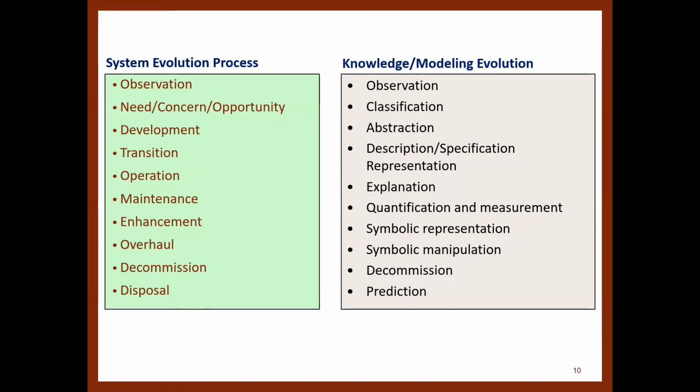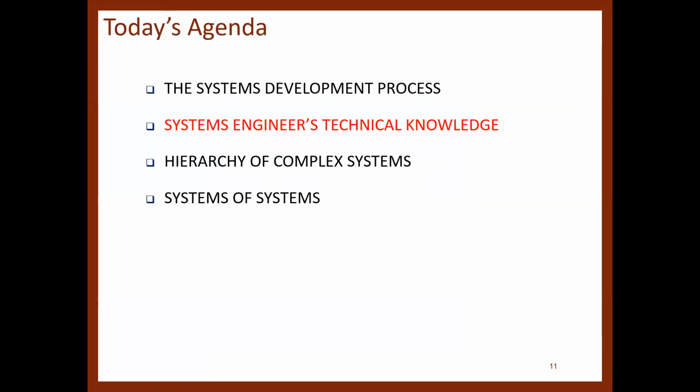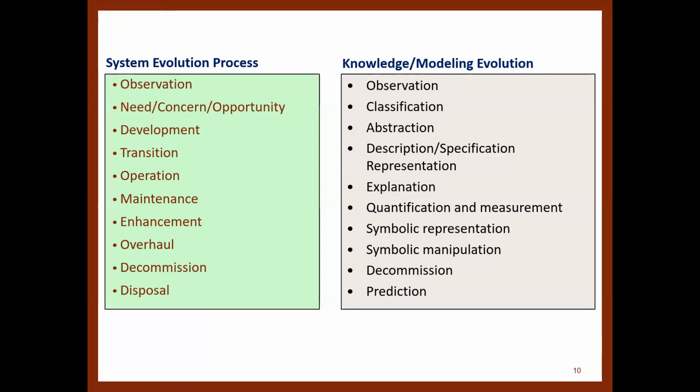So here's some comparison about two other models, the system evolution process and the knowledge modeling evolution. If we compare this to what we just discussed, you'll see that there's some similarities. So again, system evolution process, you have the needs at the beginning, observation, need, development, transition, and then the build, operation, maintenance, enhancement, overhaul, decomposition, and disposal.